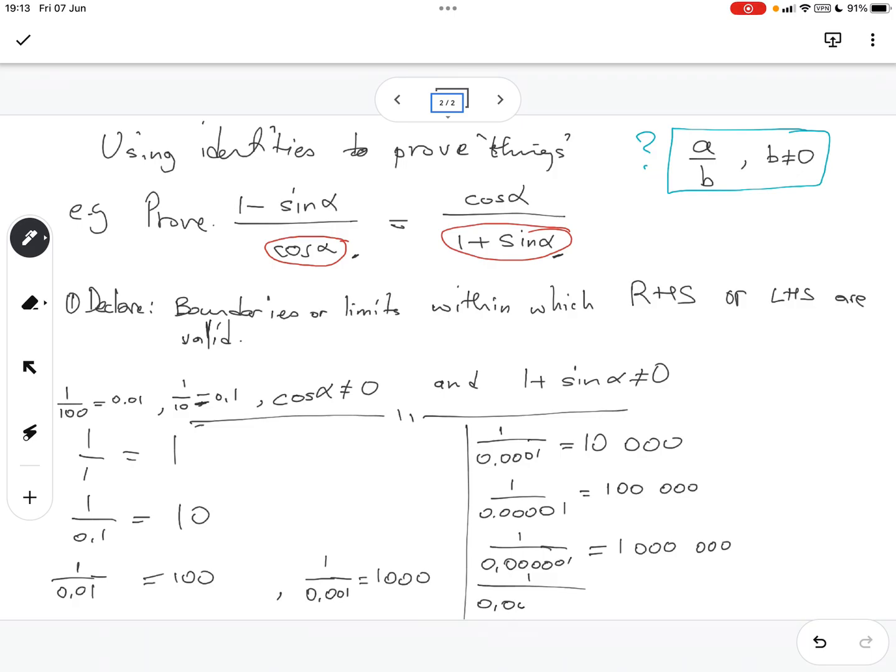What do we call this number? It's a million. And 1 divided by 0.0000001 is 10 million. Then what's 1 divided by 0.00000001?